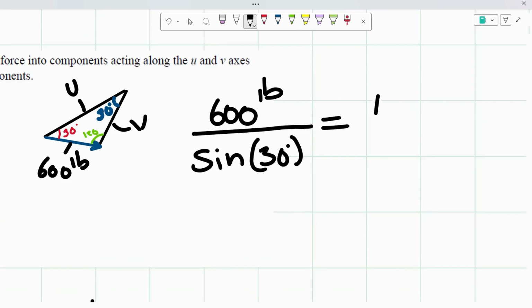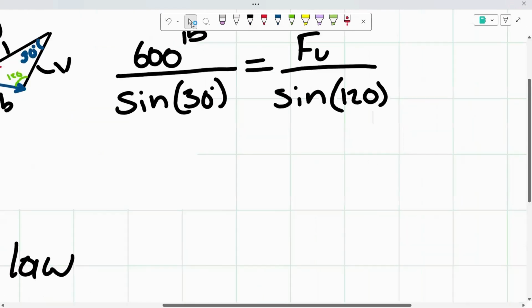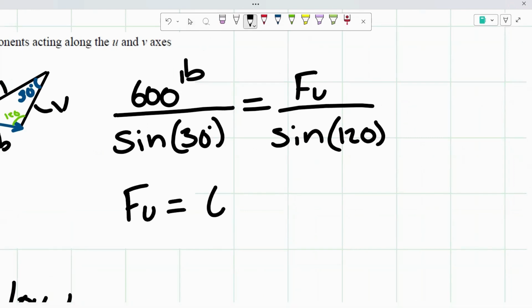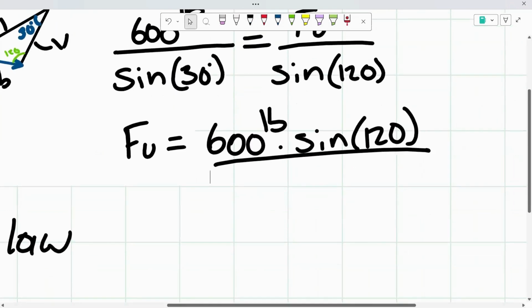So we take F of U, the side that we're trying to find, and sine of the angle opposite to that side, which is 120. So sine of 120. Now the only thing left to do is to solve for F of U. So F of U is equal to 600 pounds times sine of 120 all over sine of 30.